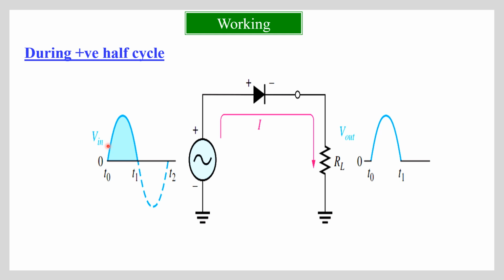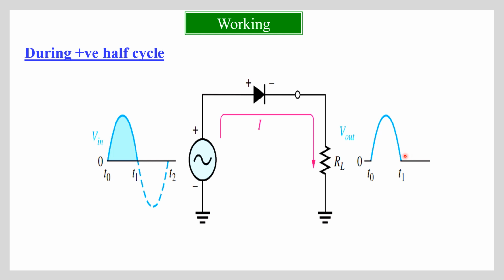When the sinusoidal input voltage Vin goes positive, the diode is forward biased and conducts current through the load. The load produces the output voltage across the load RL, which has the same shape as that of the input voltage.